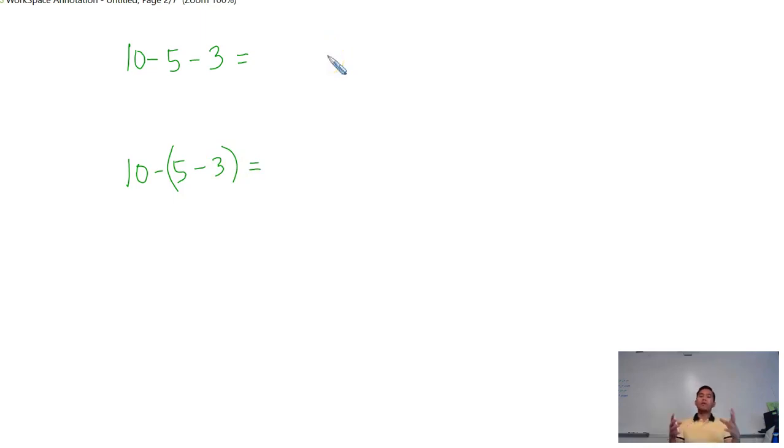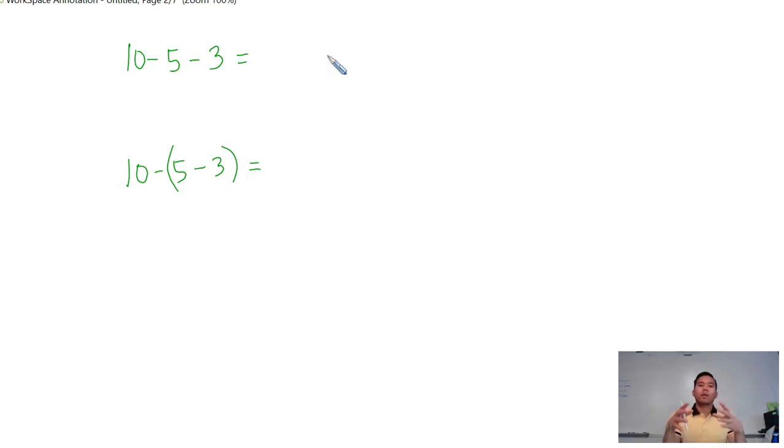So the same numbers, the same positions, the only difference is that the 5 minus 3 in the first one was not grouped, but in the second one, 5 minus 3 was grouped together.